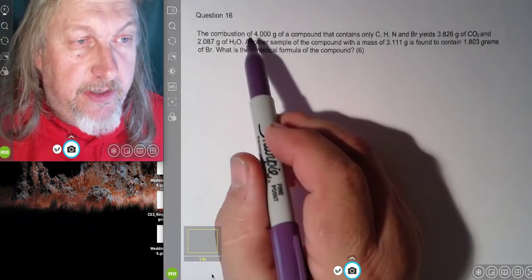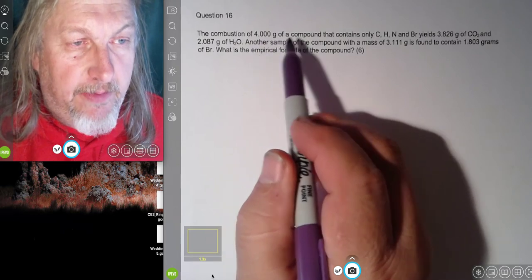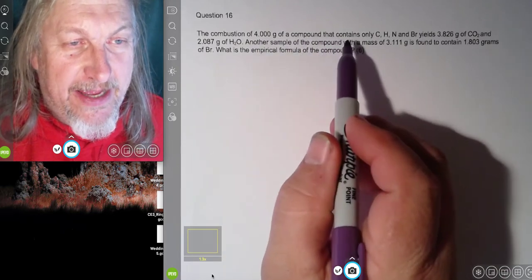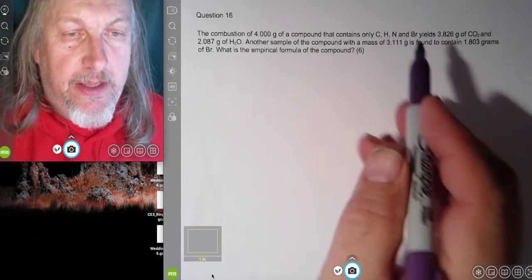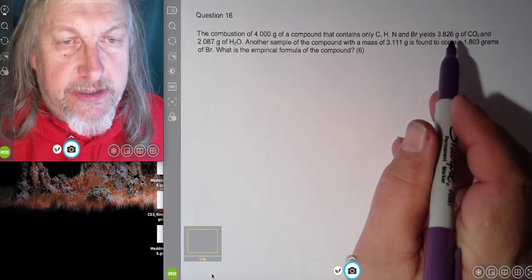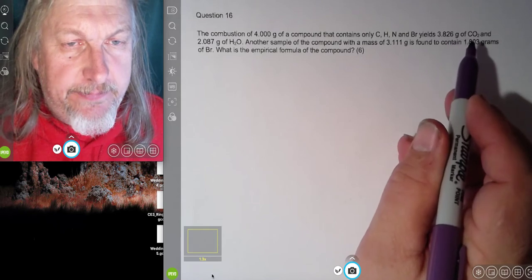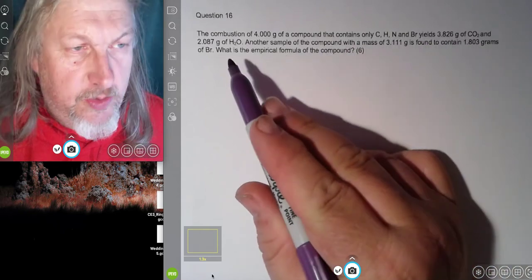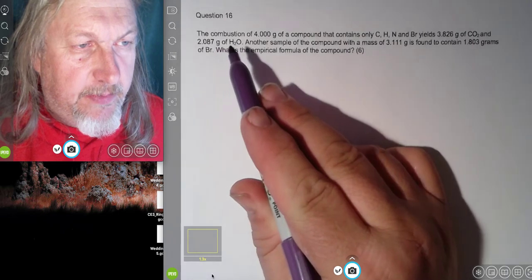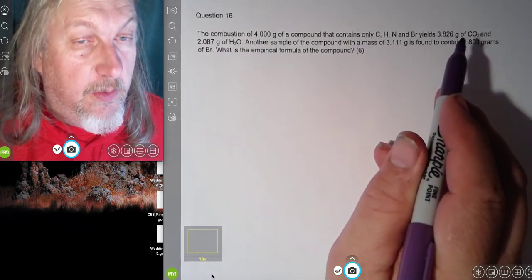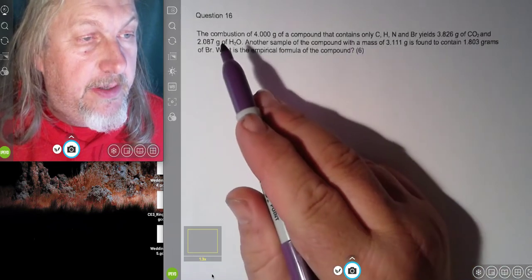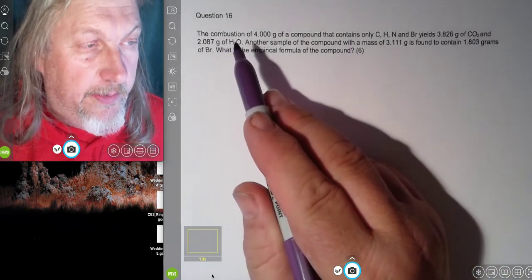The combustion of a 4-gram sample of a compound that contains only C, H, N, and Br yields 3.826 grams of carbon dioxide and 2.087 grams of water. So from that information we can get the number of moles of carbon and the number of moles of water, right?